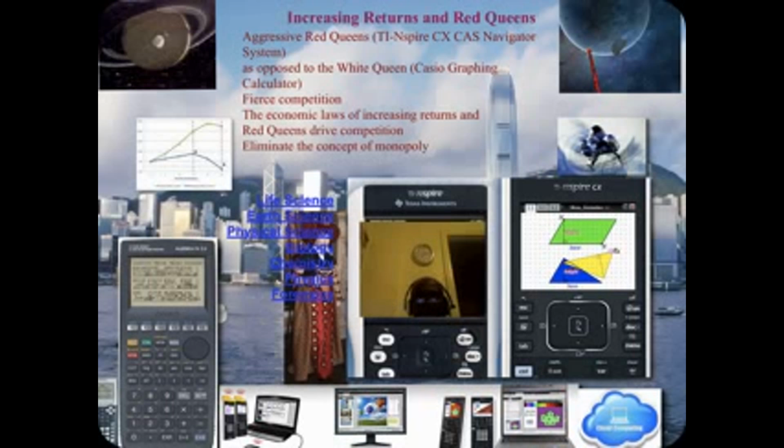Indeed, the Navigator systems reinforce the technology that gained success and aggravate the TI-84 Plus, define the concept of increasing returns, and are in fierce competition with and gain competitive advantage over the Casio graphing calculator Algebra 2.0, thus justifying Thornberg's idea of red queens depicting chaos theory.